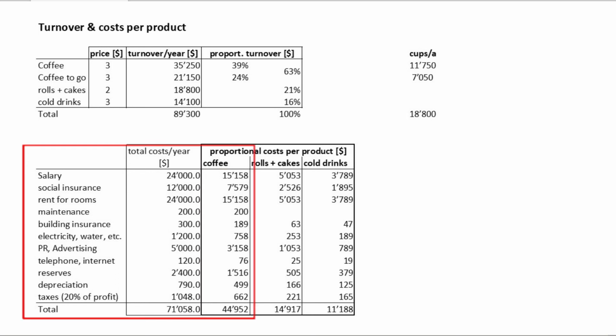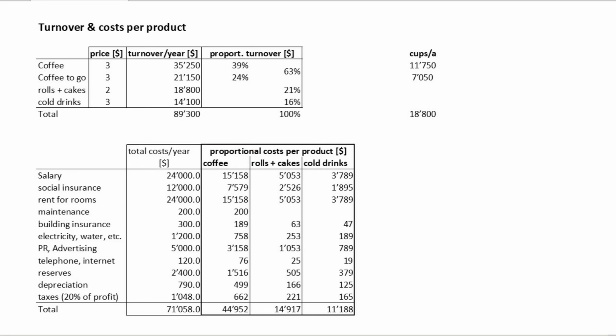The social insurance, with a total amount of 12,000, also here 63%, I will get $7,579. And I calculate all these fixed costs together, with one exception, the maintenance. This maintenance concerns the coffee machine, so I keep the whole amount in the coffee column.